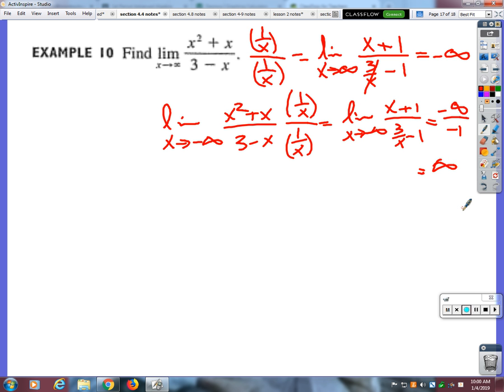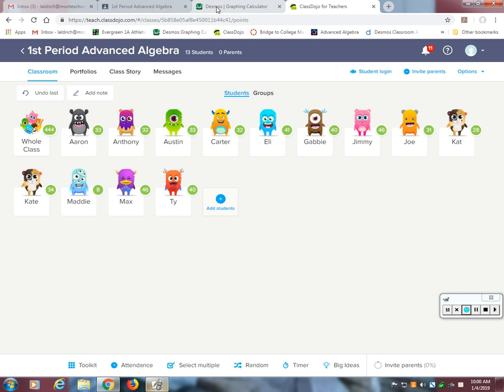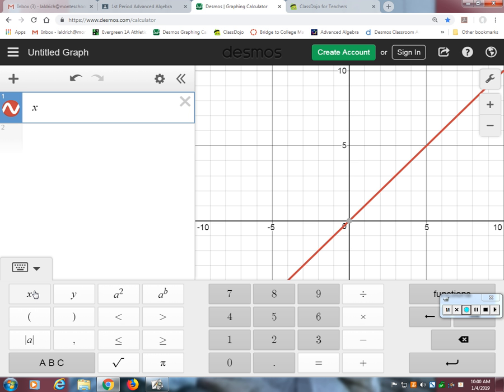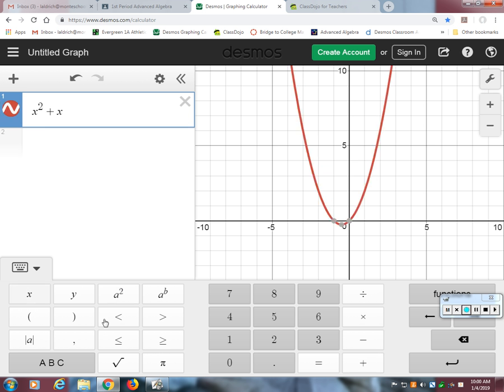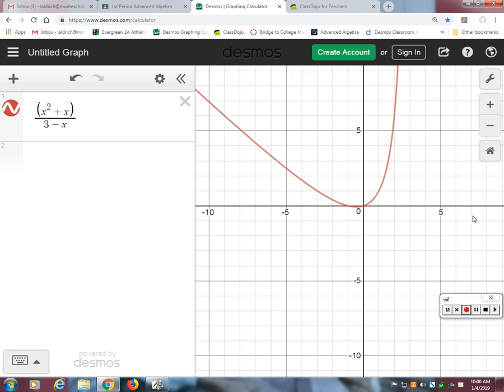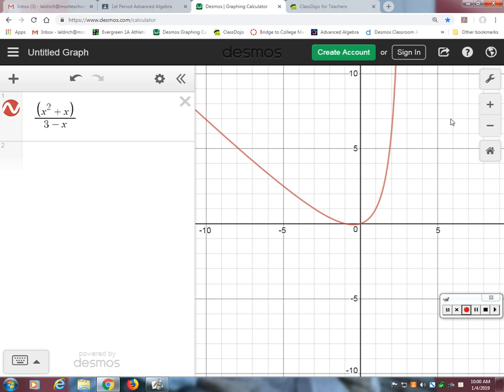Okay? So let's look at the graph just for funnies, since you're asking good questions about it. What was it? x squared plus x divided by 3 minus... Whoa. Okay, so once again I'm a liar because both sides it's approaching positive infinity.